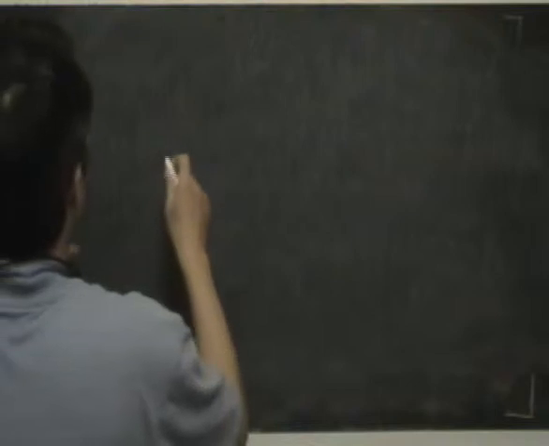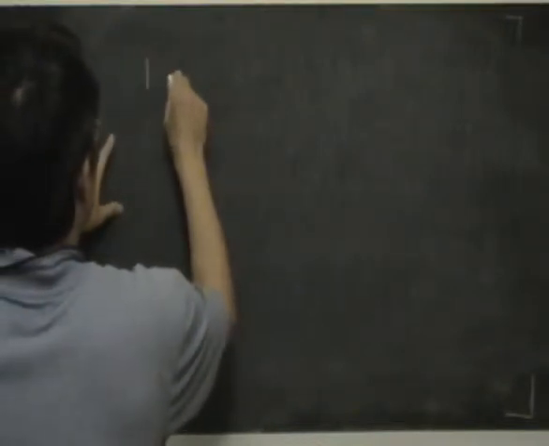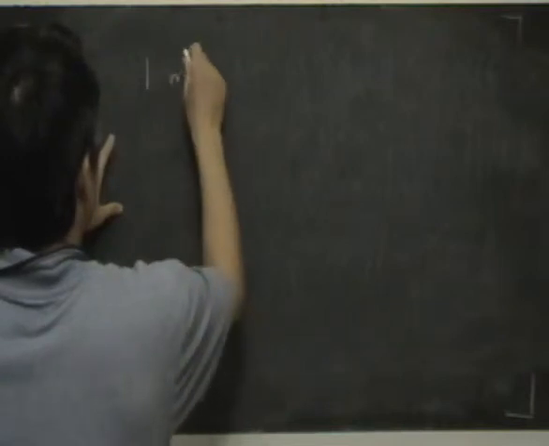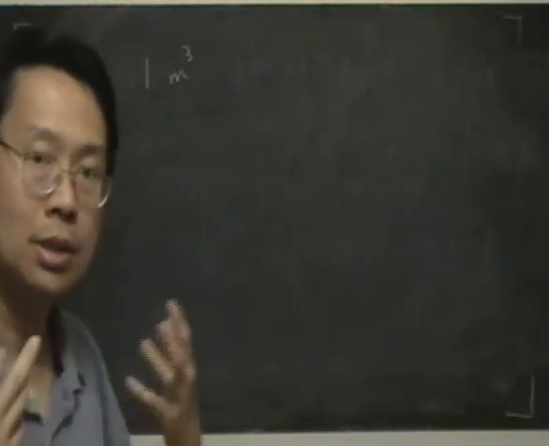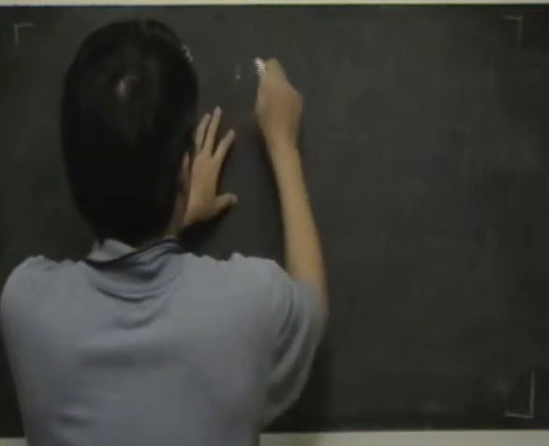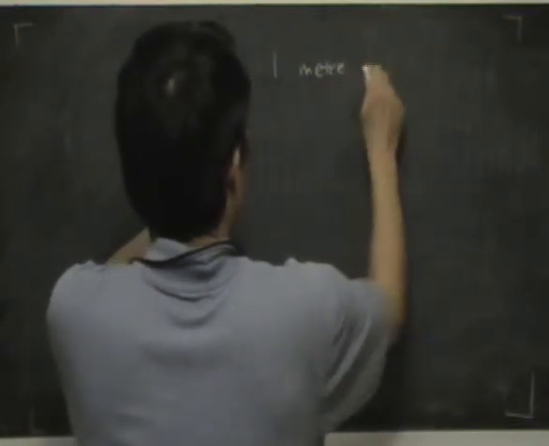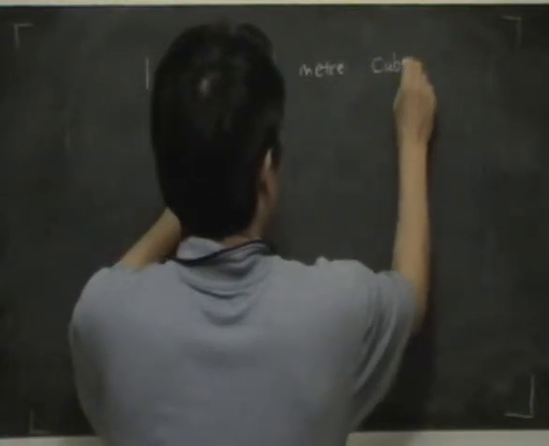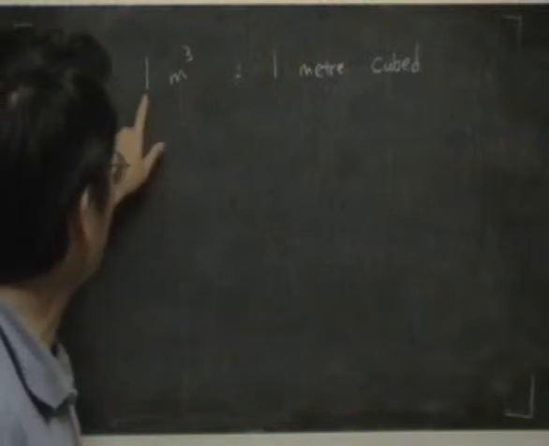Now, if I have, say, 1 meter cubed, that's how I say it verbally. I call this 1 meter cubed. So I'm actually reading out what I see here.